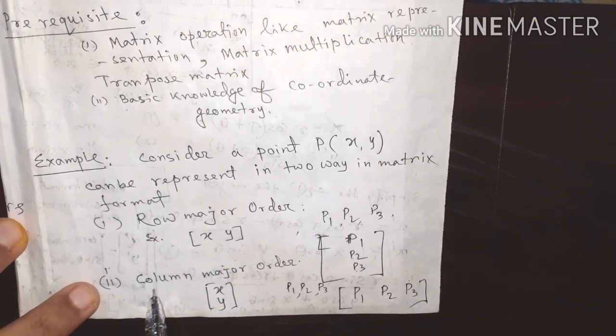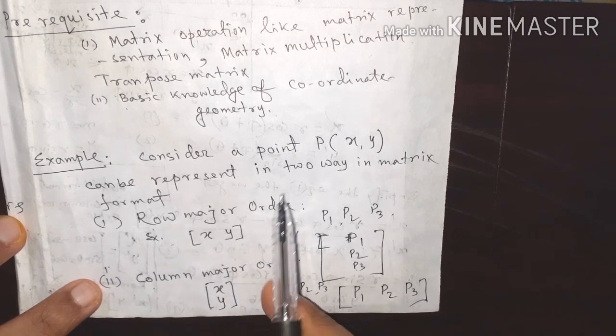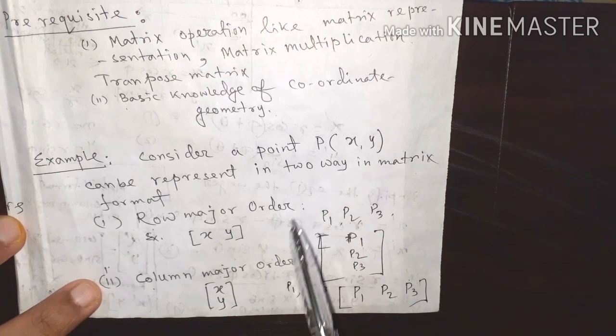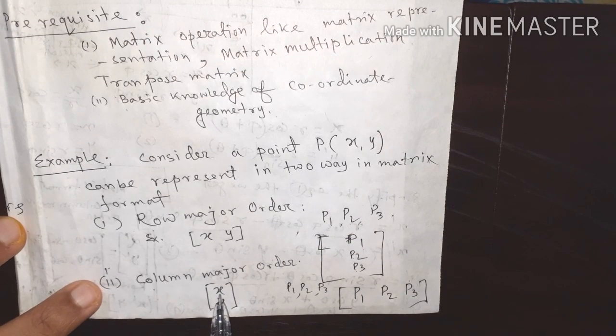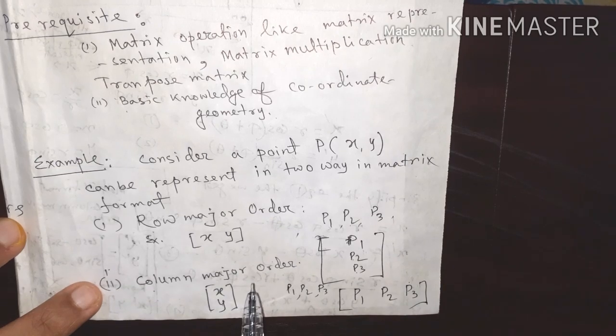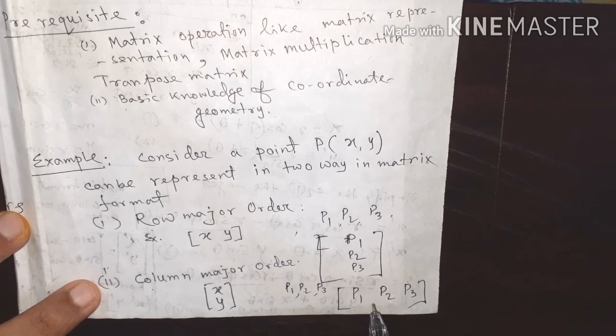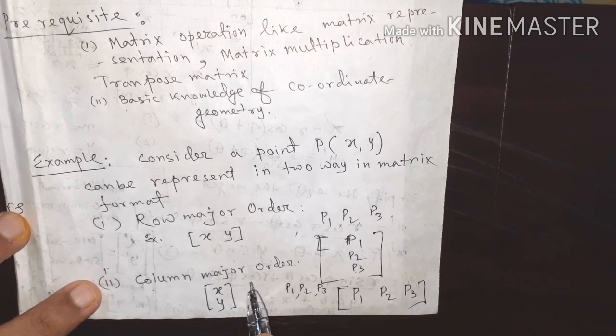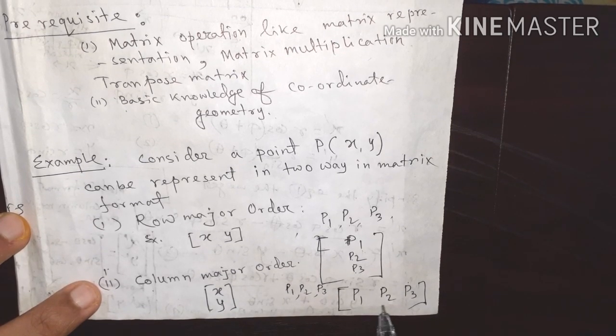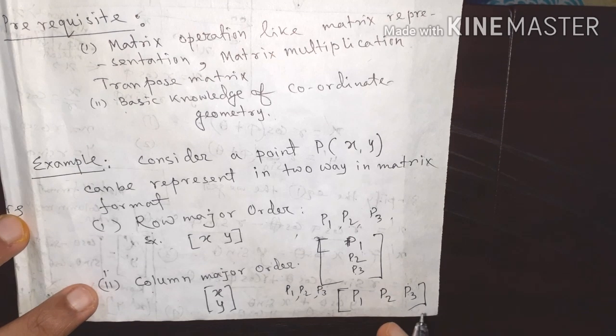In column major order, if a point P has coordinates x, y, then it is represented column wise. All the points are represented column wise. So P1, P2, P3 are represented as the first column P1, second column P2, third column P3.